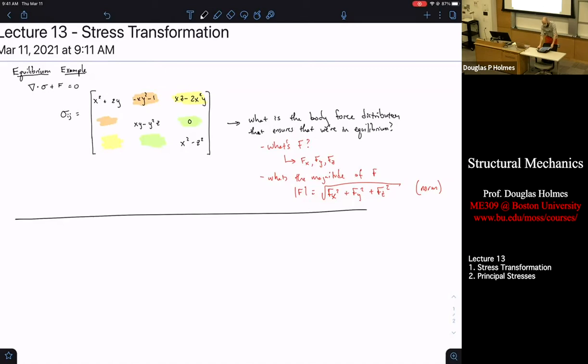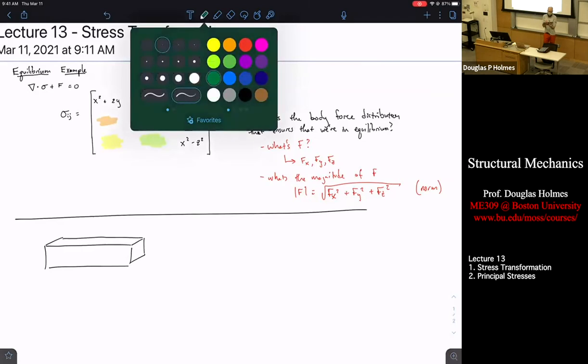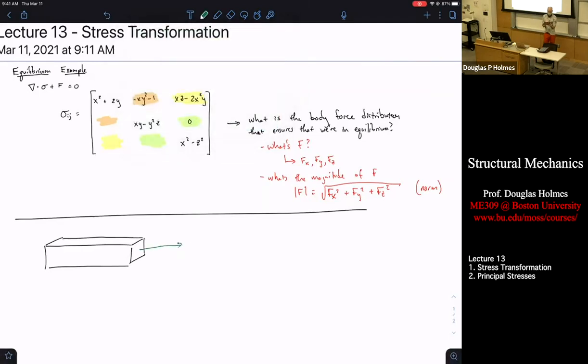Like for instance, and this is an example you've probably seen before. So for instance, you have a bar like this. It is pretty logical to put your x-axis along the long axis of the structure, to put your y-axis up here, to put your z-axis over here.